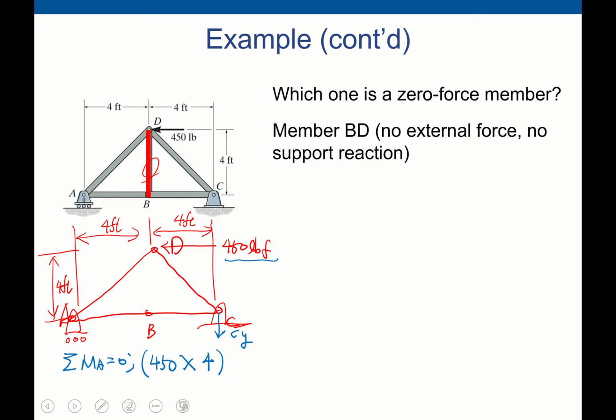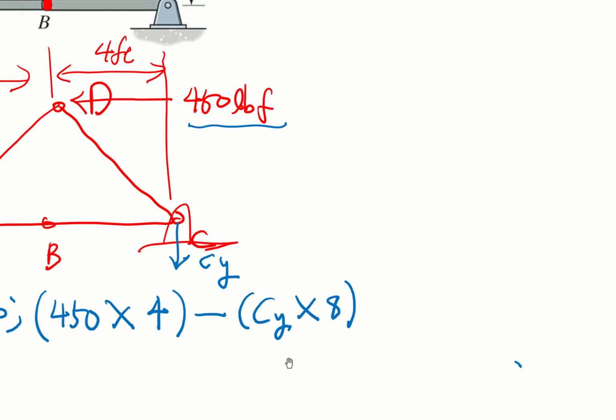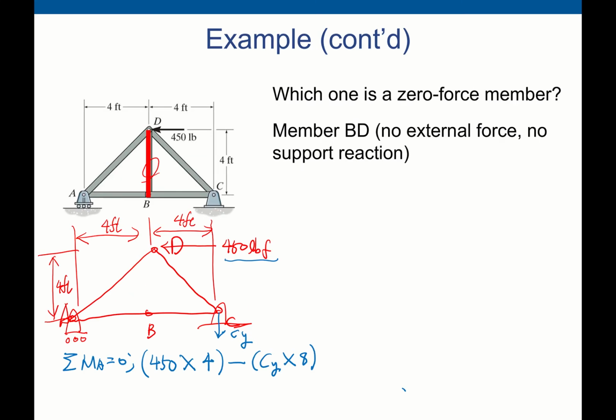So Cy creates a clockwise rotation, so it's minus Cy times the perpendicular distance, in this case 8. So this one should be equal to 0. Cy should be 225 pound force if we round to the nearest integer.